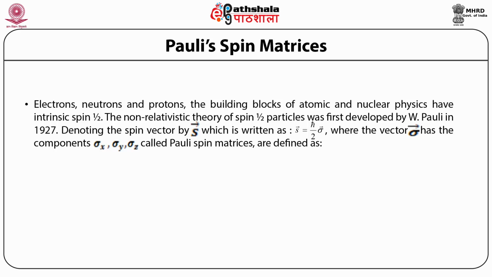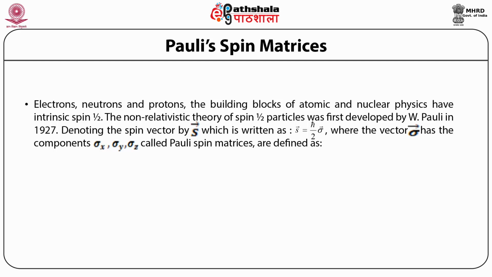So if we denote the spin vector by vector s, and if we write it as spin vector s equal to h cross by 2 times vector sigma, then the vector sigma has the components sigma x, sigma y and sigma z, and these are called Pauli's spin matrices.